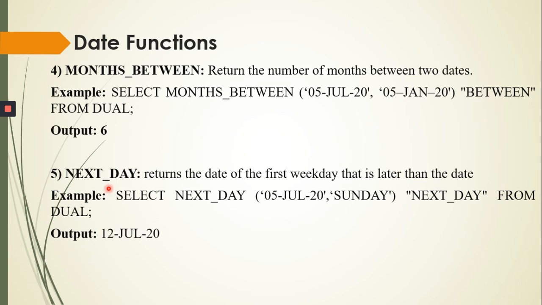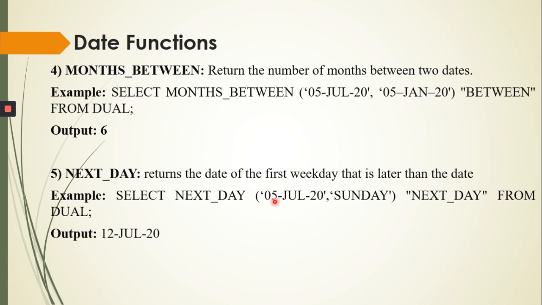Now next day. Listen carefully. Next day returns the date of the first weekday that is later than the date. So see here, select next day 5th July, comma, I am writing over here Sunday. So after 5th July, the first Sunday's date will be your output.